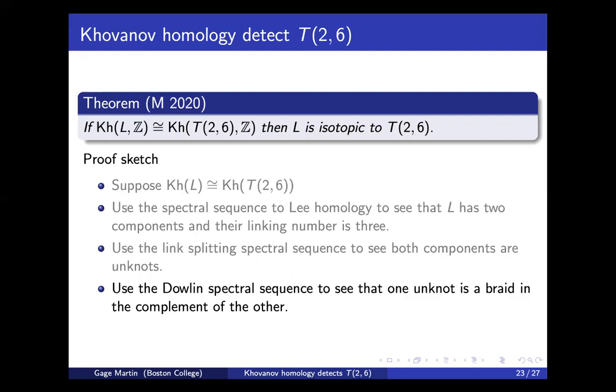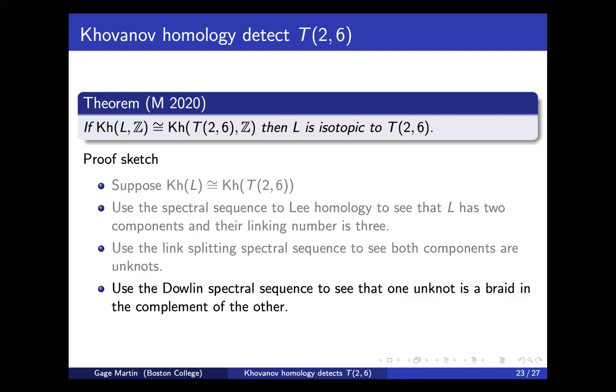And so this is the same idea as the Hopf link proof, but just a lot more work than what was shown here, in terms of narrowing down to the fact that one of the components is a braid in the complement of the other.